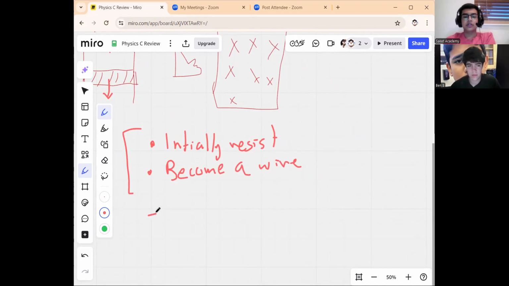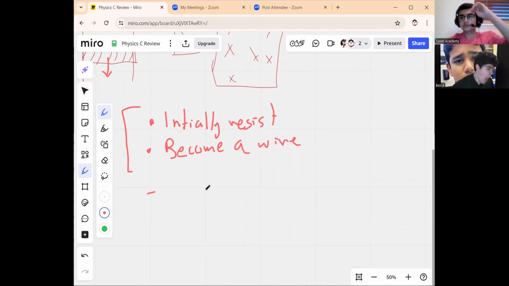Initially, they resist current, and then they become a wire. You also know the equations to do with the inductor, but the calculus of the LR circuit is probably one of the less used ones on the exam or the test.